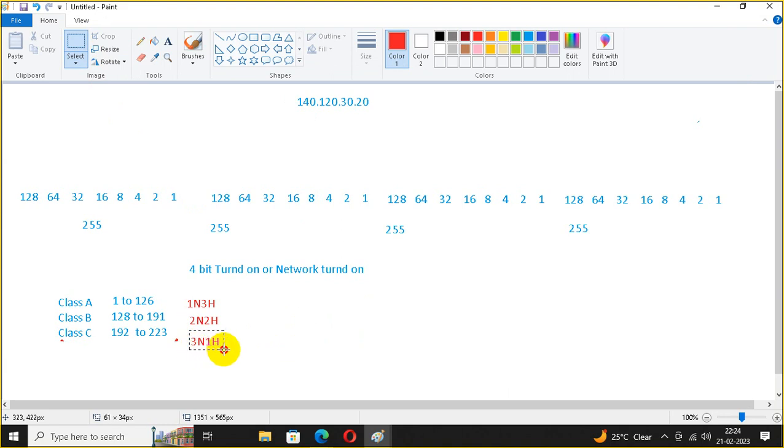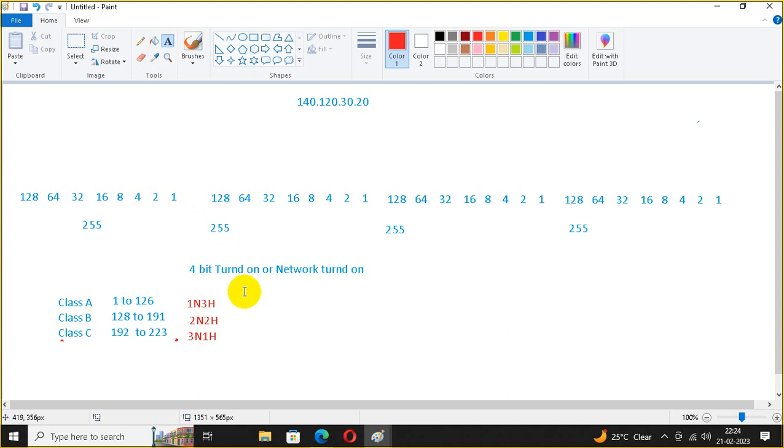Okay. Now can you tell me, whenever I have a network, what will be my address? What will be the value of network? When I say my network bit turned on, what will be the value? For which class, sir? For class A, it should be 255.0.0.0.